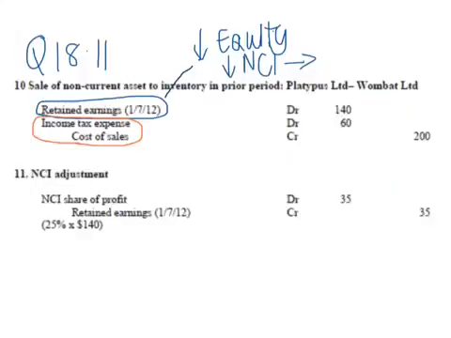So that would be our first entry. Debit, we want to decrease our NCI, so debit NCI, credit opening retained earnings.